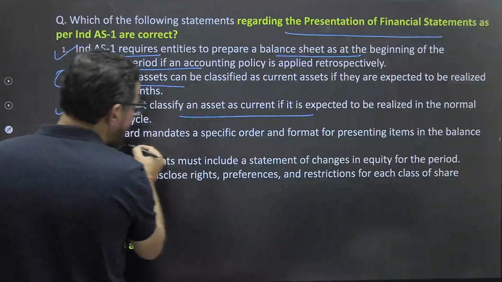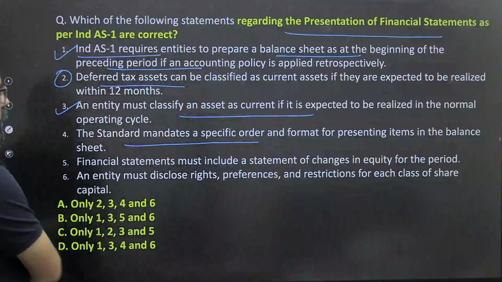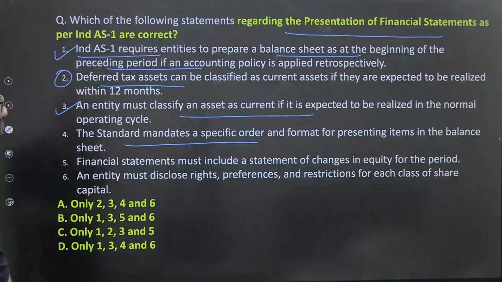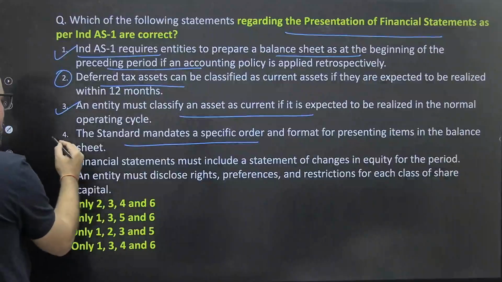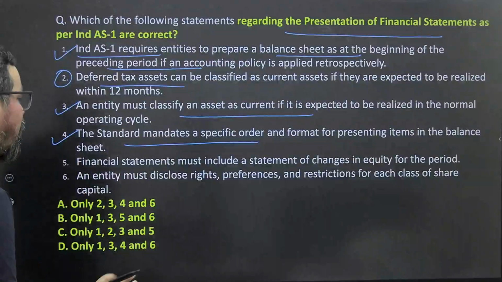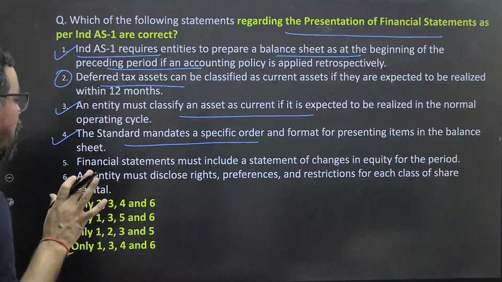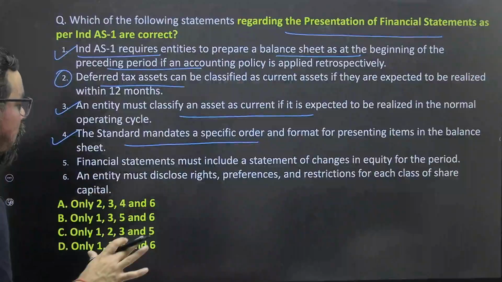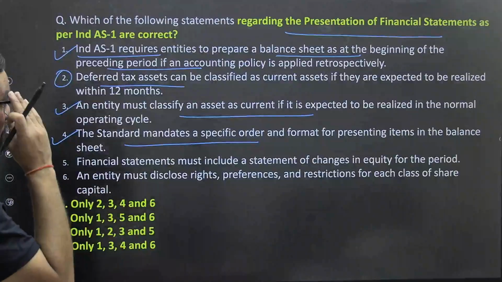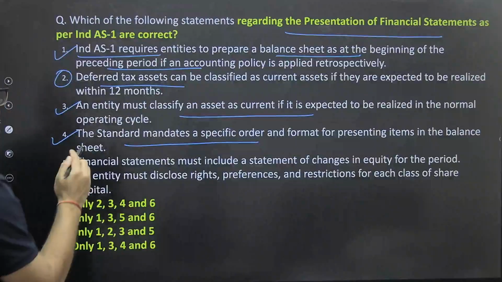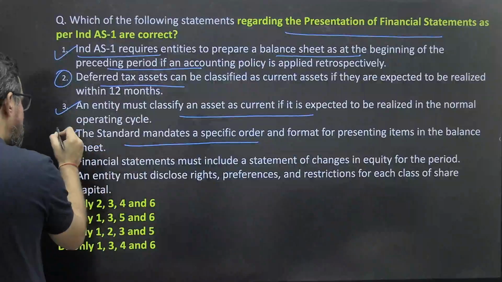The standard mandates a specific order and format for presenting items in the balance sheet. No, this is not as per the standard, it is as per the Act actually.